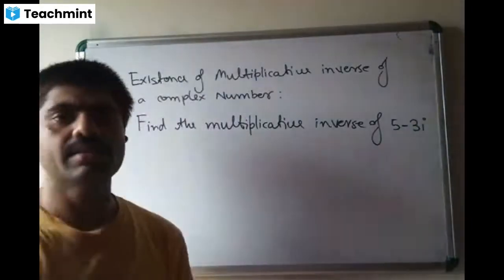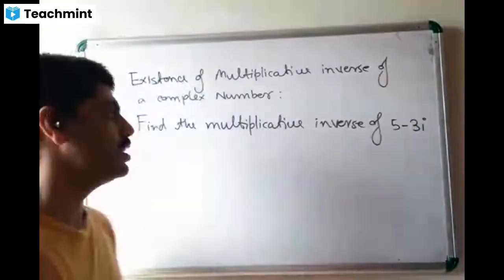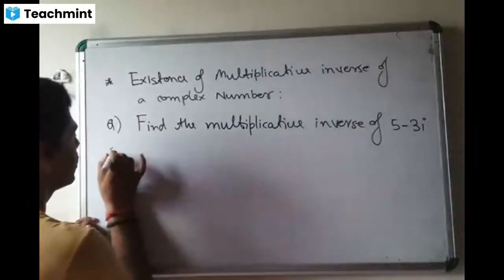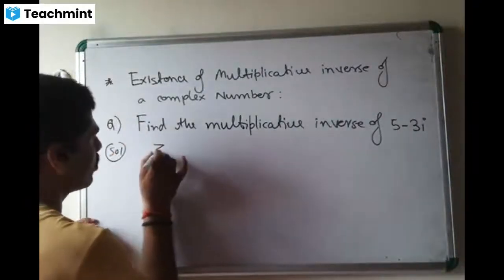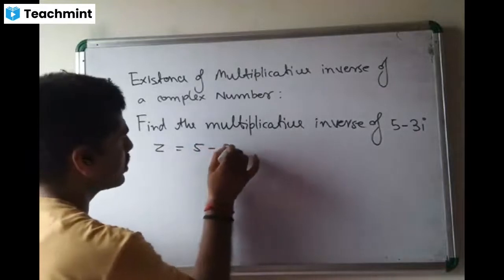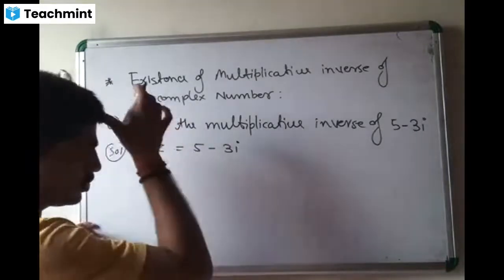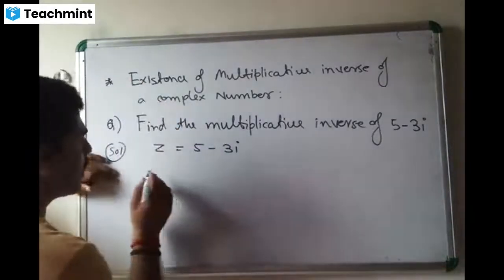This is a complex number, which means you can see that z is equal to 5 minus 3i, isn't it? Yes or no? Yes, sir.